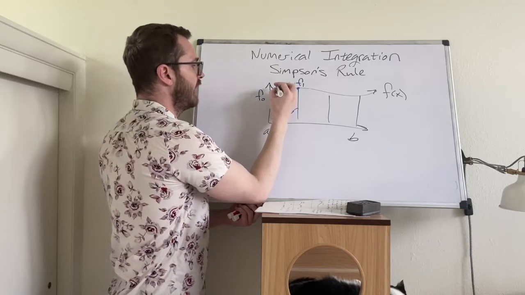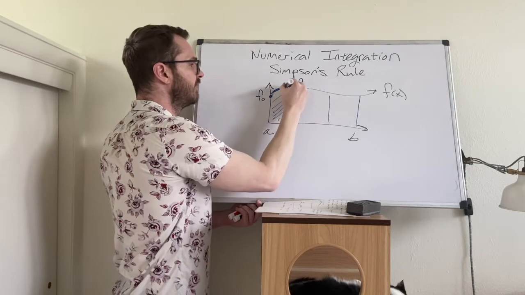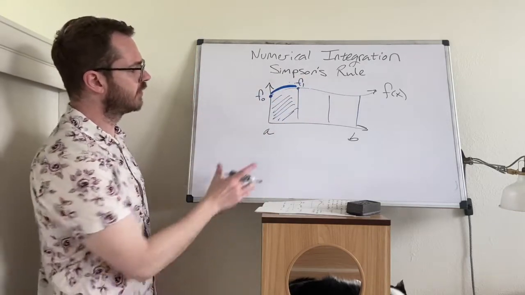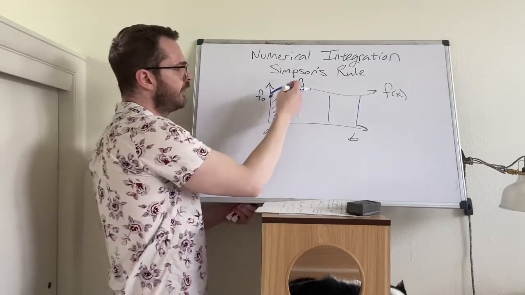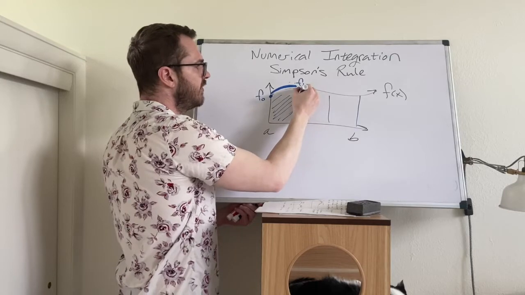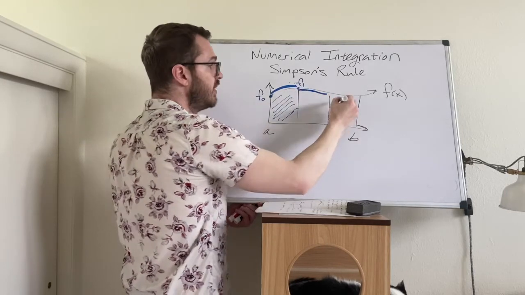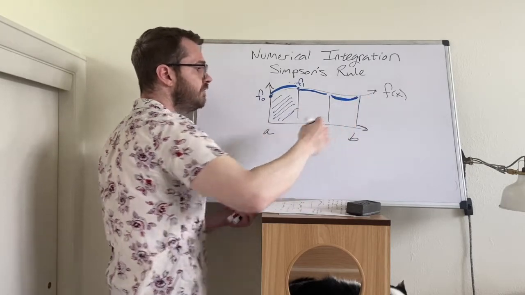But if we're able to use a second order polynomial, that means a curve, right? Can we get some kind of curve that is going to fit the top of this segment? And if we can do that in this segment, then maybe there's a second order polynomial that we can use on this one, and a second order polynomial that we can use on the next one.